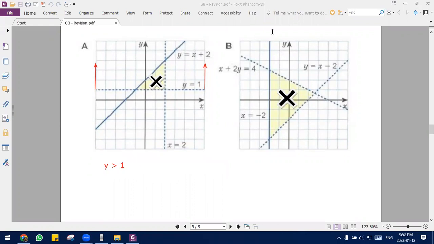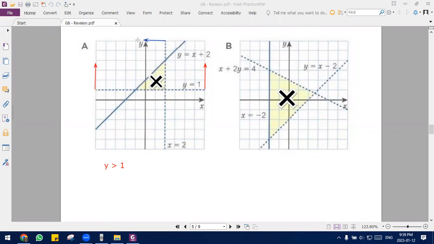Now, for the second line, we have x equal to this one, x equal to. Now, if I check the region, it's on the left of that line. So on the left, it means the x value will increase or decrease when I go left? Yes, it will decrease.